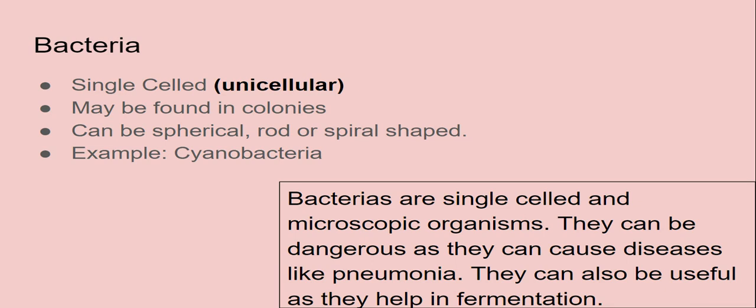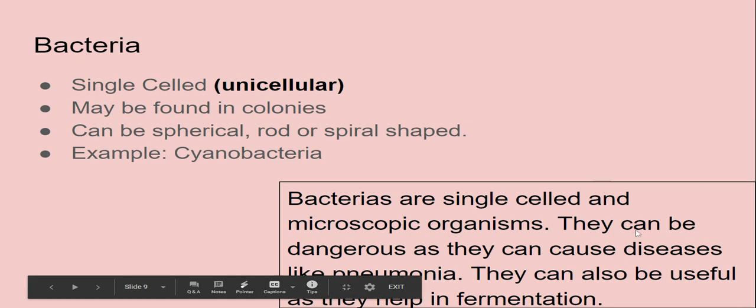Sometimes they can also be found in colonies and are found in different shapes, for example spherical, rod, or spiral. An example of a bacteria can be cyanobacteria. If you want to increase your word limit, you can use harmfulness and usefulness of bacteria, from there till fermentation.